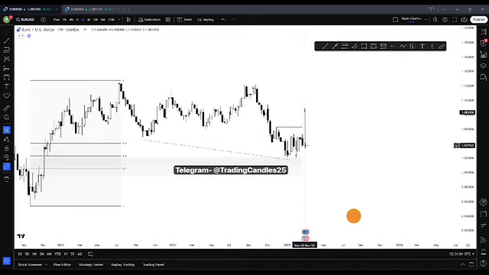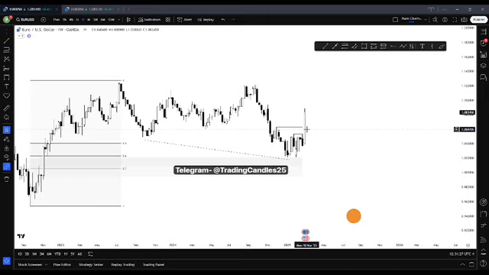Now this week we opened right here, and right around here my objective was for price to first of all take out this swing high and eventually this swing high, right? So my directional bias for this particular week was bullish, and I was expecting price to take out these swing highs, and these swing highs were my drawn liquidity for price.